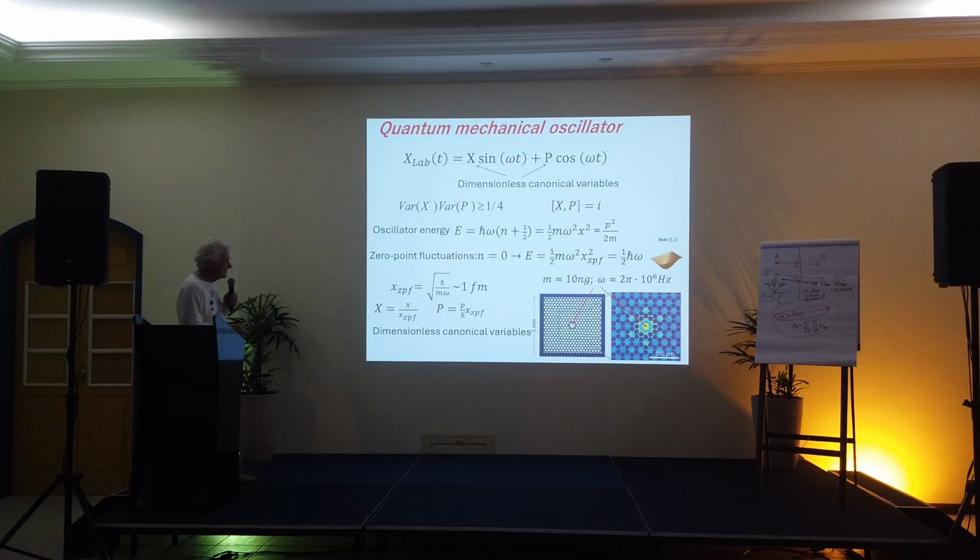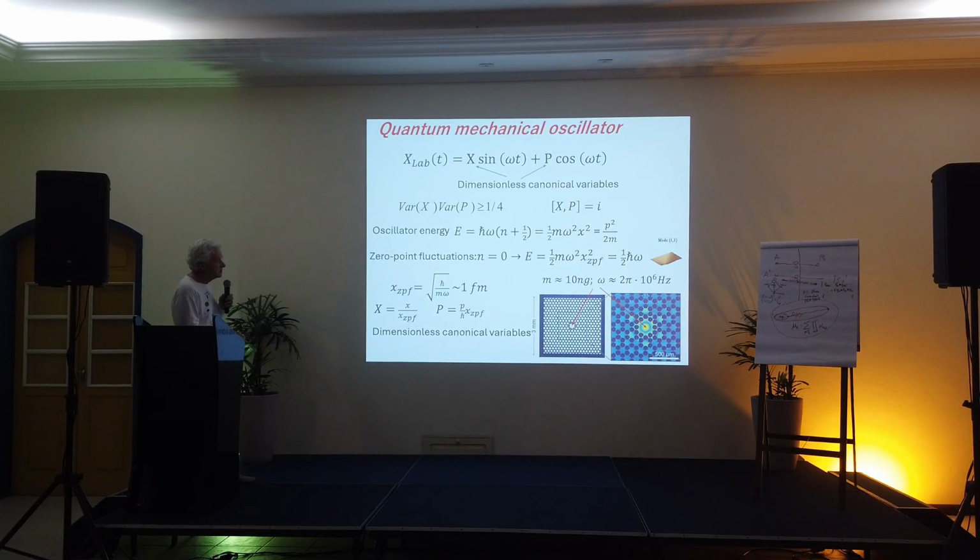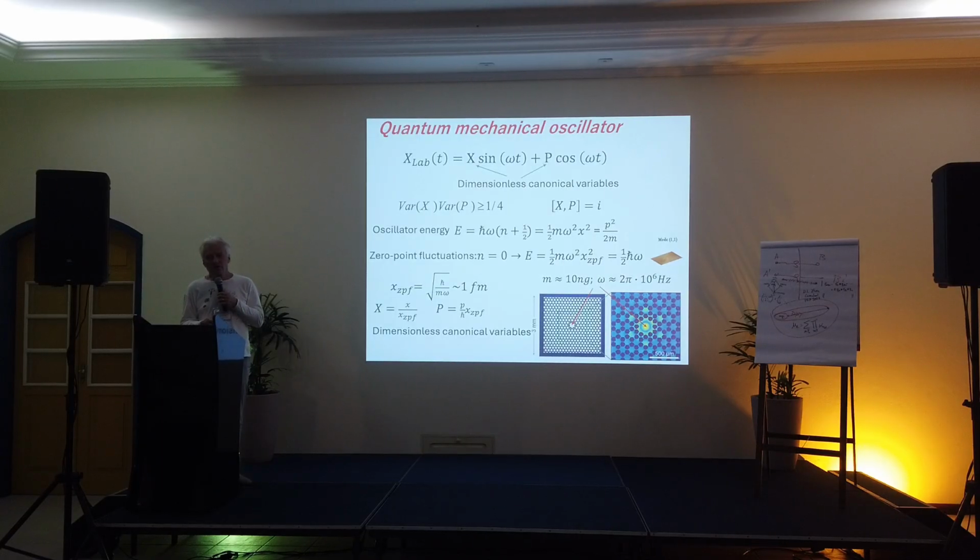There are other problems. So for this oscillator, the frequency of oscillation of this drum mode is in megahertz. The weight is 10 nanograms. So this is arguably one of the largest and heaviest systems in the entire wide world which you can bring deep into the quantum regime.